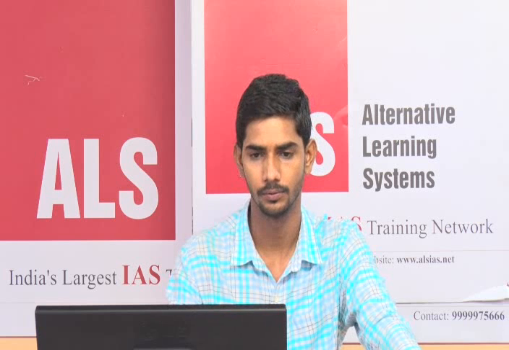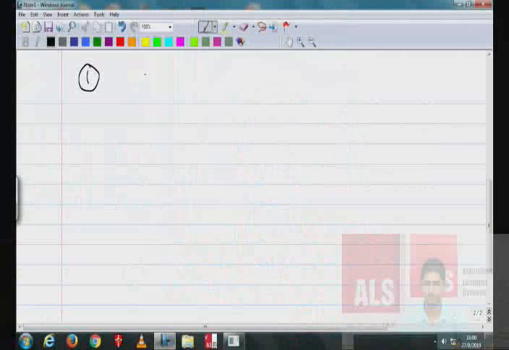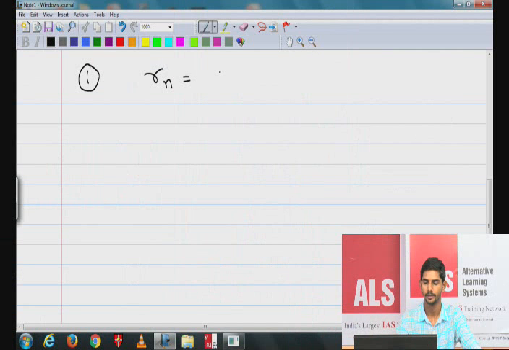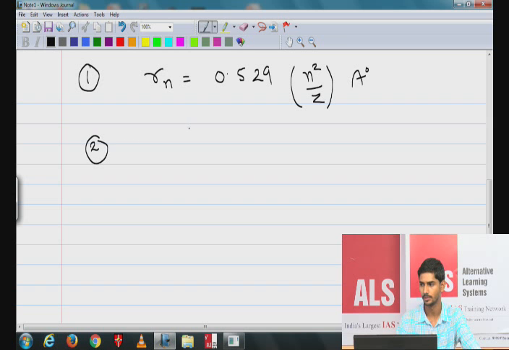The first relation was for the radius of nth orbit, which is Rn equals 0.529 n square upon Z angstrom, whereas the second relation was for energy of stationary orbit, which is En equals... I think we have discussed the ratio of kinetic energy, potential energy, and which energy?